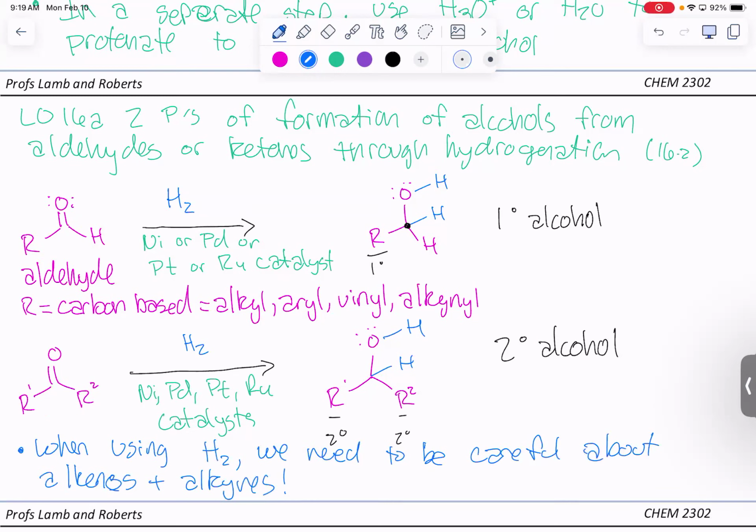The next learning objective will help us get around that issue, but hydrogen on these catalysts is very easy to use. This is a term I've used before but never really defined. This is called functional group compatibility.